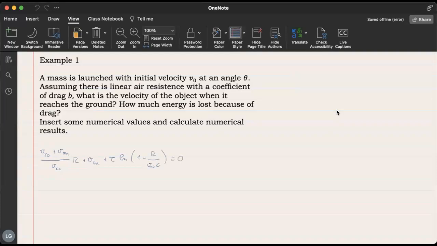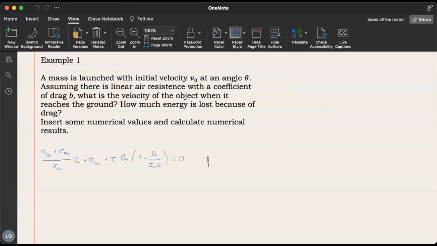And again, we need to solve this equation for R.